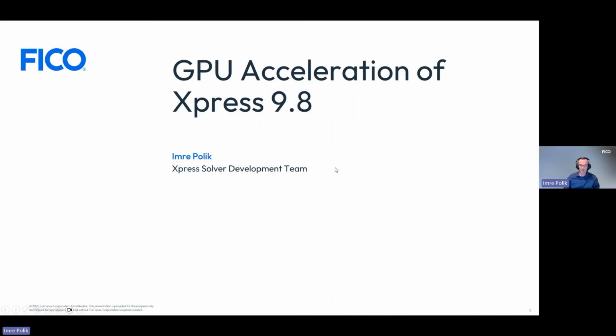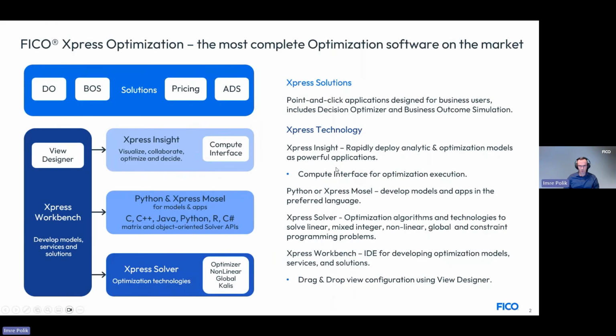So first, a couple of words about what Xpress is and where it sits within the FICO software stack, in case somebody is not familiar with it. We have a comprehensive business analytics suite built from several components.